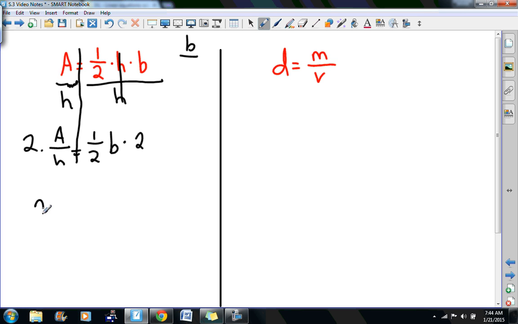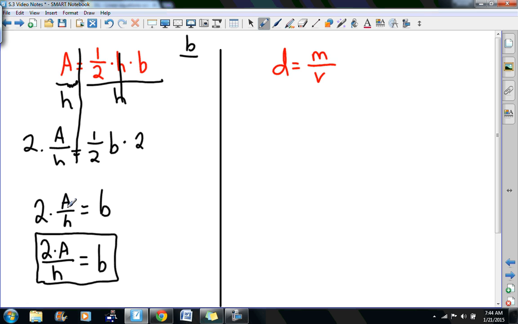So you could write this as 2 times A divided by H, or you could write this as 2 times A divided by H, since you think of that as 2 divided by 1, just as the fraction. Both of these things are equal to the B term. This is the answer I like better, but the top one is also mathematically correct. So there you go. We just solved for the variable B.